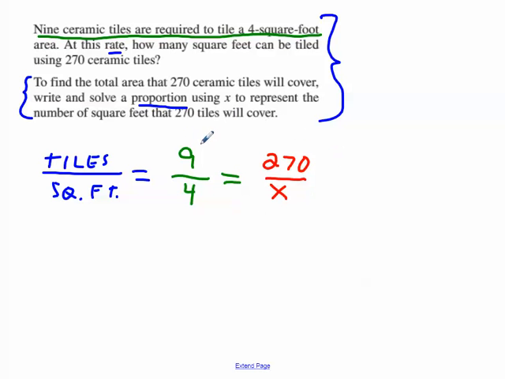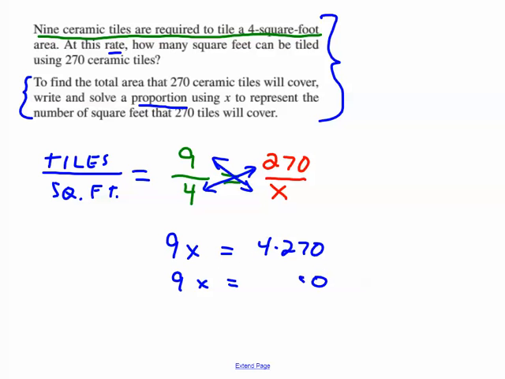How do we solve a proportion? We can multiply by the lowest common denominator, or more easily and more betterly, sorry for the crummy English, more elegantly, would be to cross multiply. 9 times x equals 4 times 270. 9x equals 1080. x equals 120.